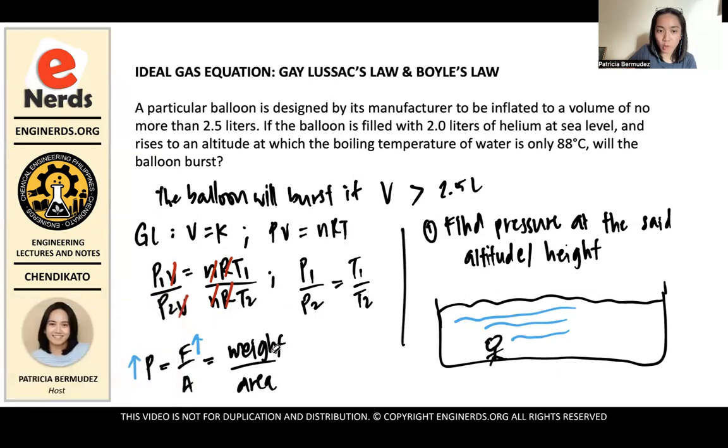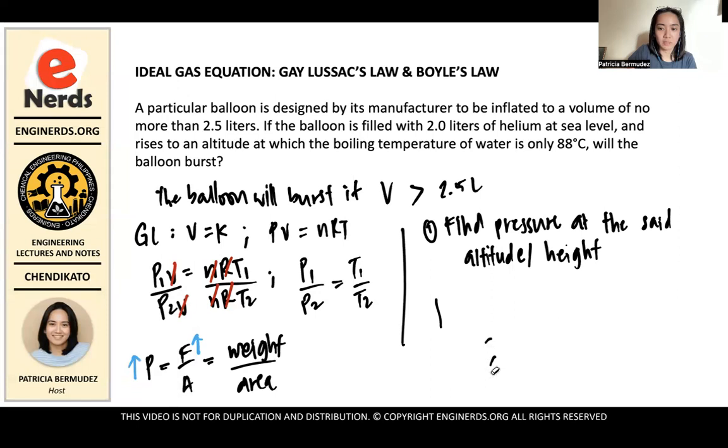But how about when you go up to an altitude? Let's use a mountain as a reference this time. That's how you go up to an altitude, right? Either climb a mountain or you go up a building or something. So for example, this is sea level.